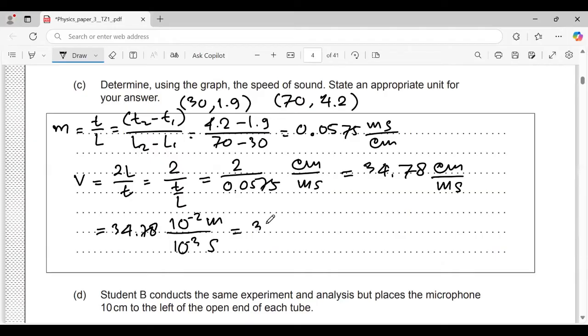It becomes 34.78 times 10 meters per second, which is 347.8 meters per second.